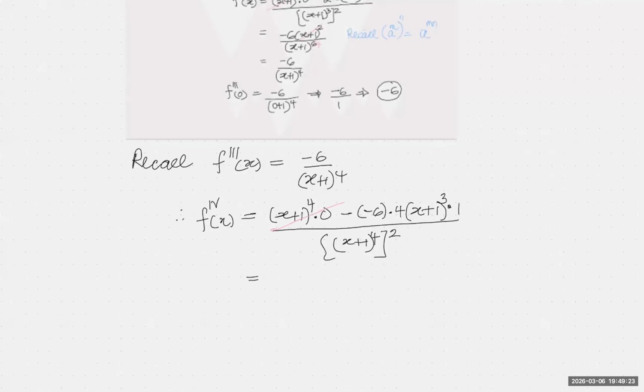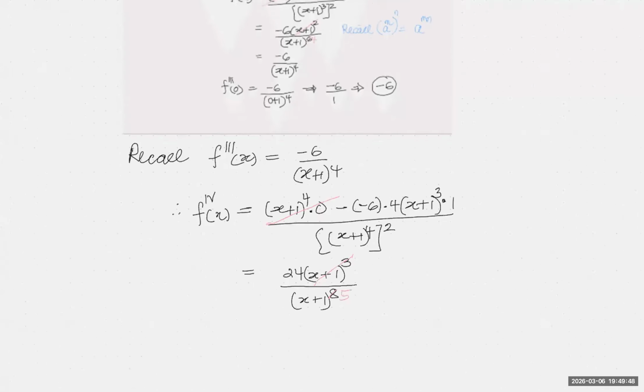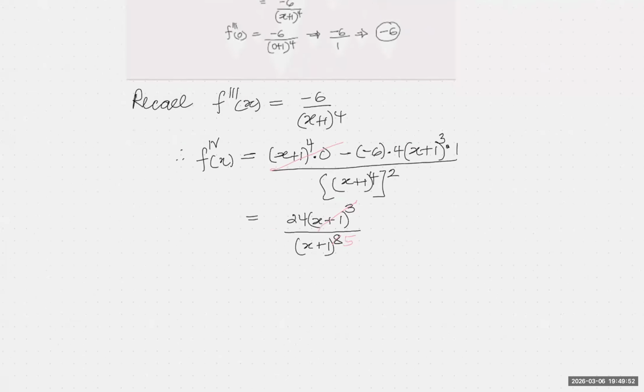Yes, Peter, you're correct. 24 times x plus 1 to the 3rd, all over 4 times 2 is 8, x plus 1 to the 8th. All of this cancels into that and leaves 5. So I'm going to be left with 24 over x plus 1 to the 5th power.